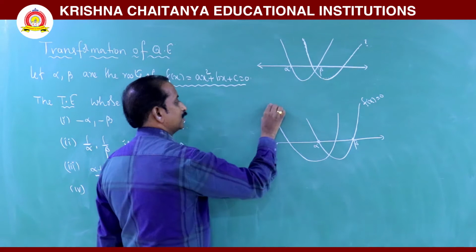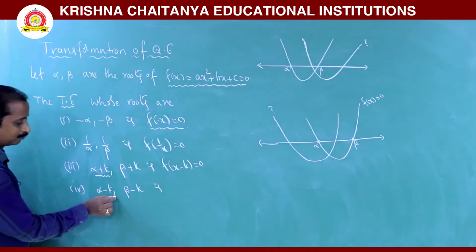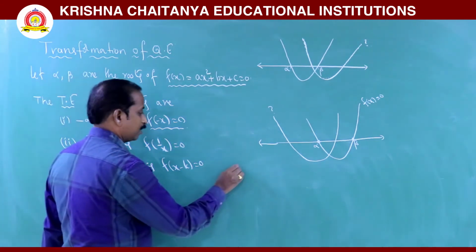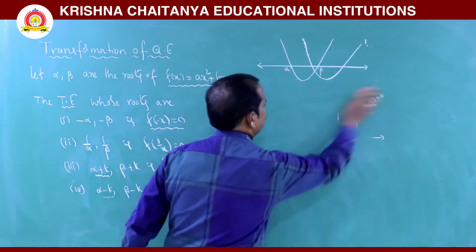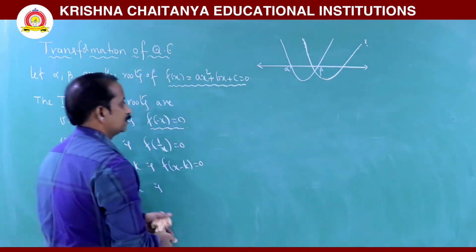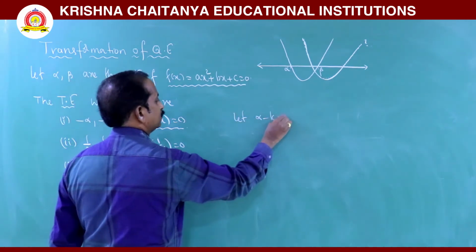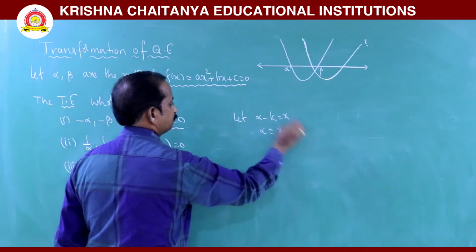What is the transformed equation we get? One of the roots will be considered as x, meaning alpha minus k is equal to x. Let alpha minus k is equal to x, so I can write alpha is equal to x plus k.